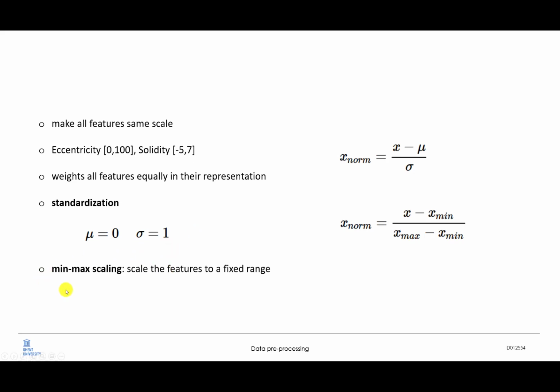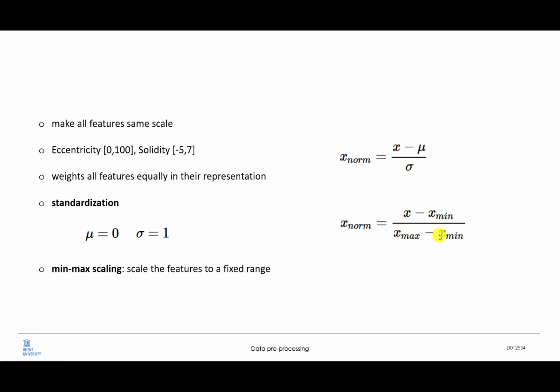Another way to do this is by min-max scaling, where you make sure that all the features have the same range. So let's say between 0 and 1. And so one way to do this is to take the feature, compute the minimum and the maximum values, and then subtract for each value of this feature the minimum value and divide by the maximum subtracted by the minimum.